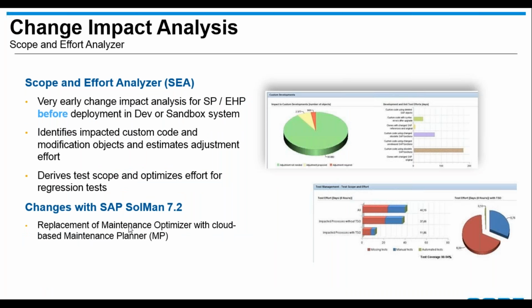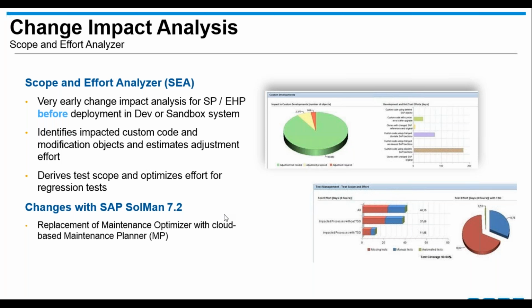So scope and effort analyzer with 7.2, again, a little bit more information here, identifies custom code and modification objects and estimates what the adjustment effort is. You don't have to have a sandbox or put it in dev. It calculates the test scope, or finds the test scope, and optimizes the effort.